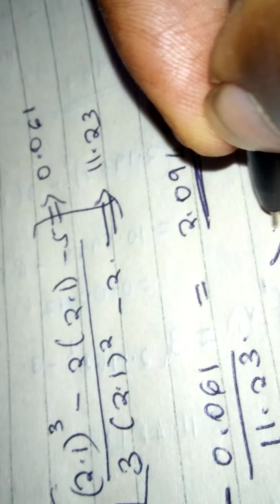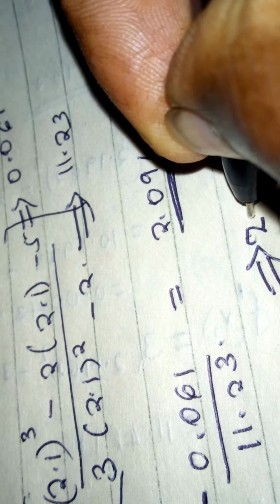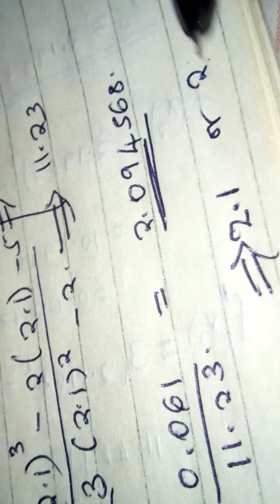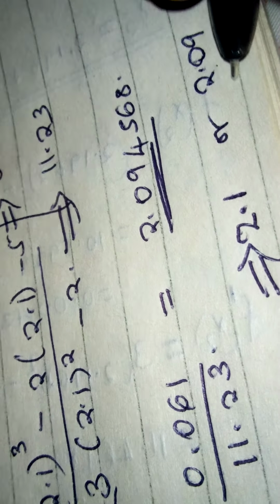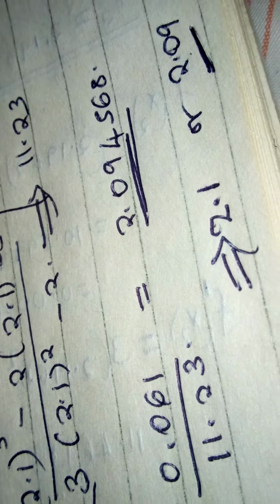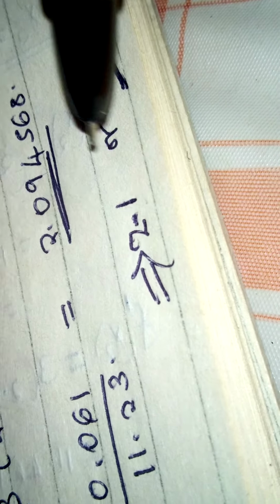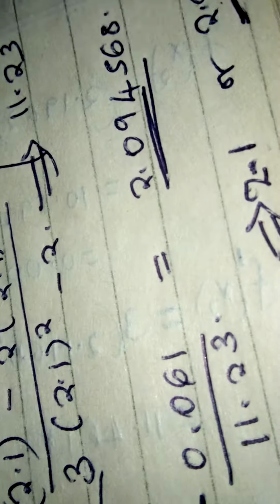Then it means that the answer will be 2.1, or 2.09 in 3 significant figures and 2.1 in 1 decimal place. Then we are going to conclude that the Newton-Raphson method always converges easily than the bisection method.